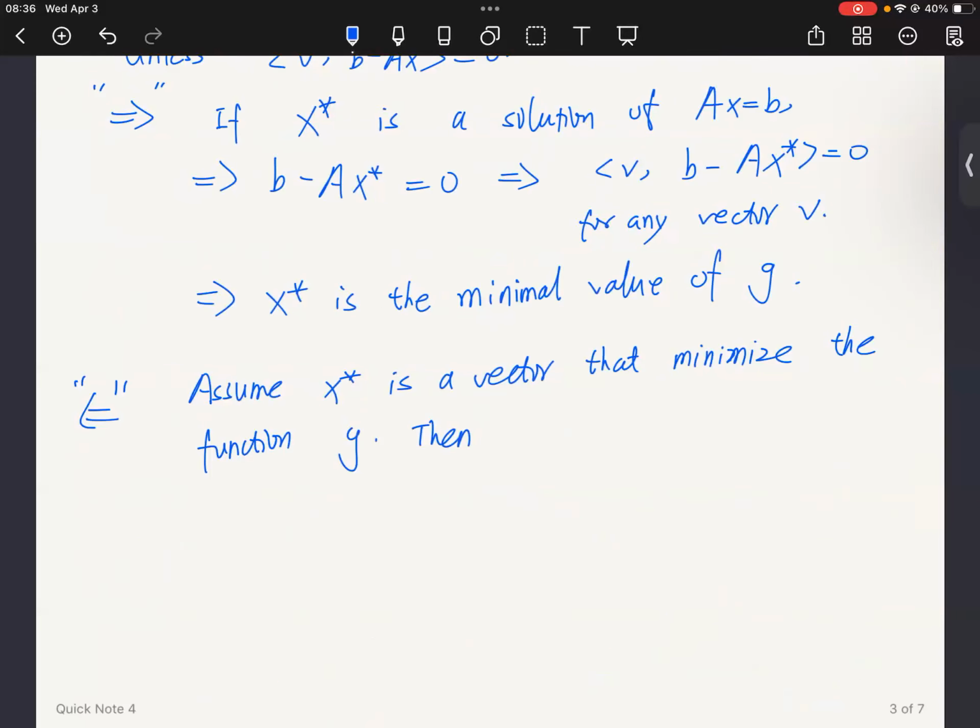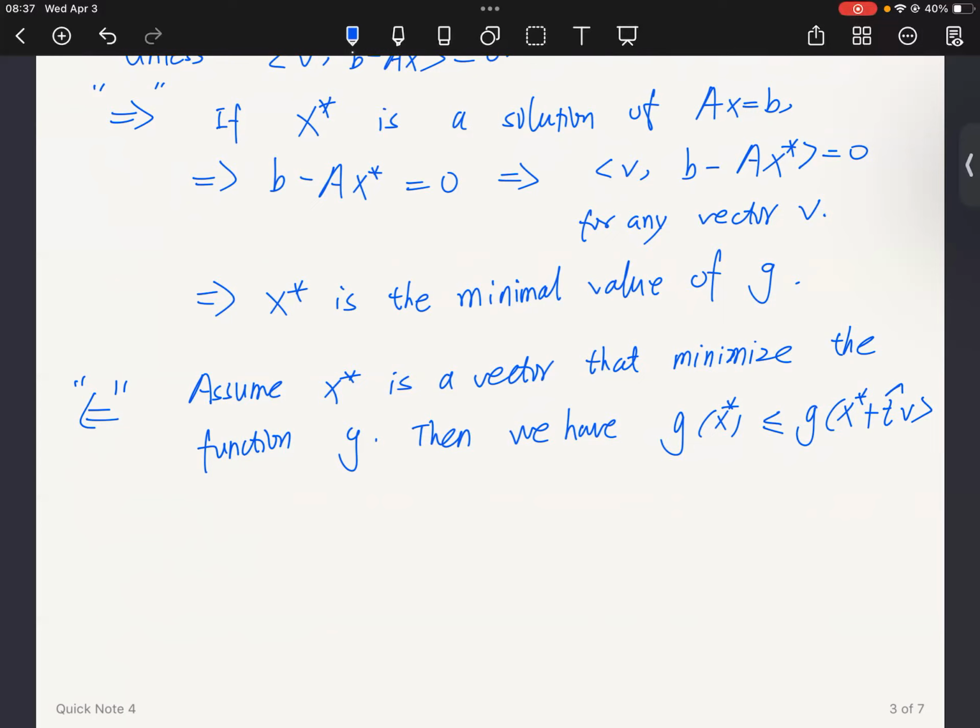we have, because this is the minimal value, GX star is always smaller than or equal to GX star, no matter what the T hat is. And then this number should be greater than or equal to the number we have here, because we assume X star is the minimal value.